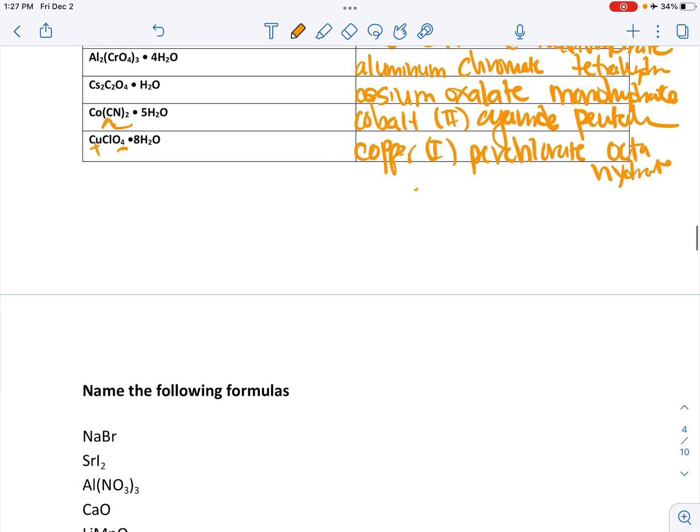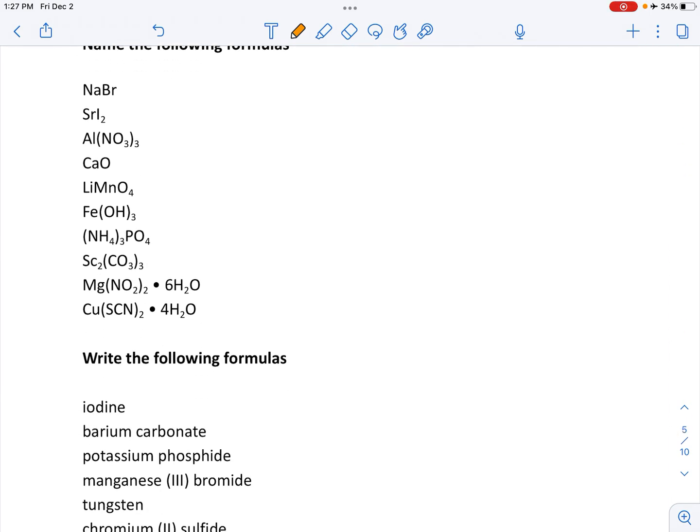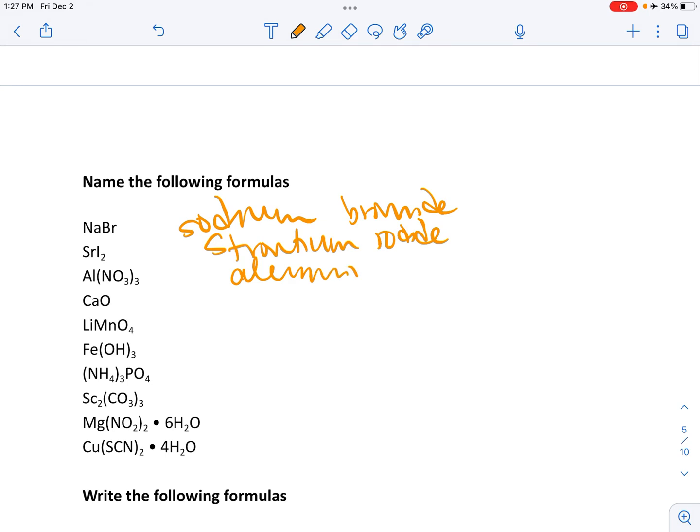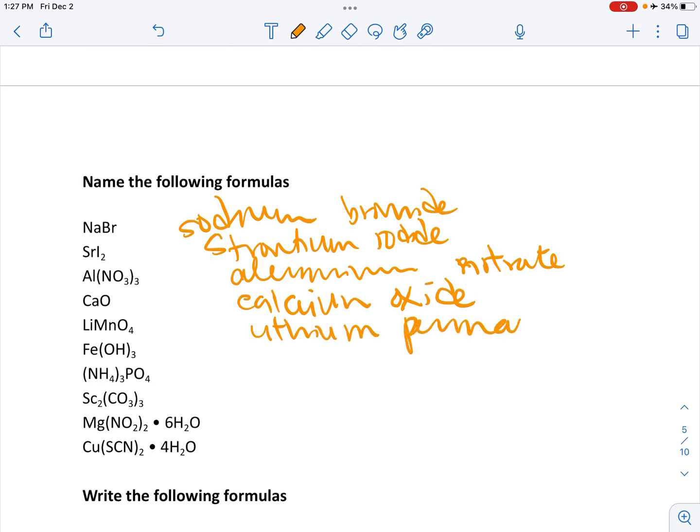Okay, so then the last one, name them: sodium bromide, strontium iodide, these are binaries, aluminum nitrate, that's a polyatomic, calcium oxide, lithium permanganate, iron hydroxide, but iron is more than one positive oxidation state, so it must be iron 3.